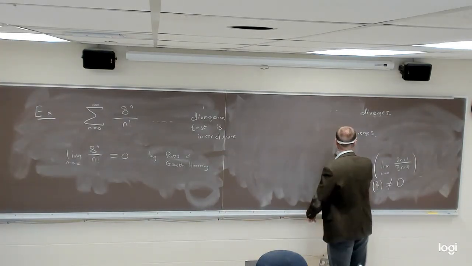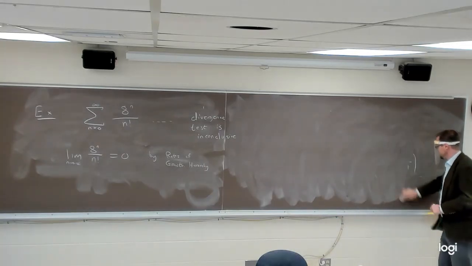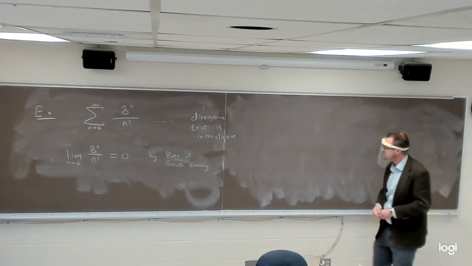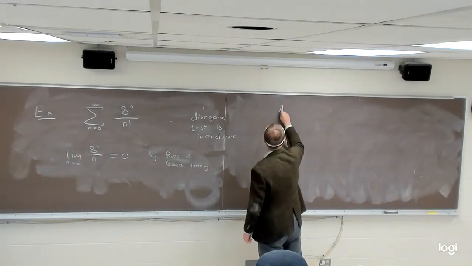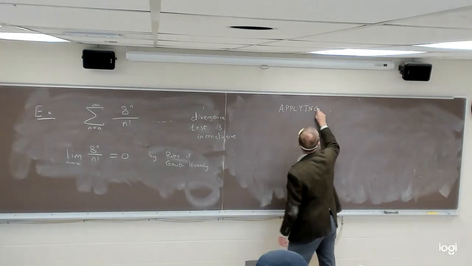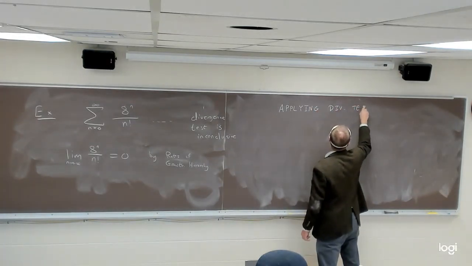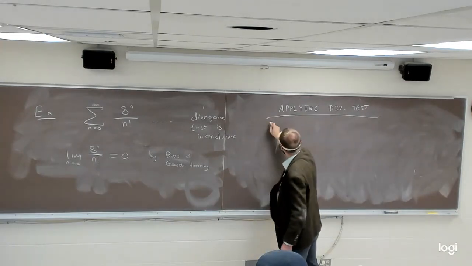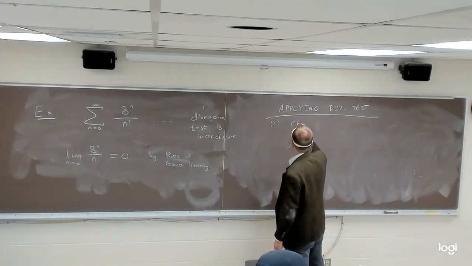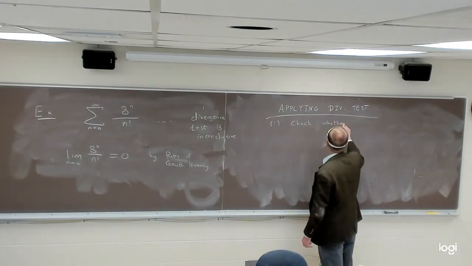So if the limit of your sequence is 0, the divergence test doesn't tell you anything. So applying the divergence test, check whether terms go to 0.